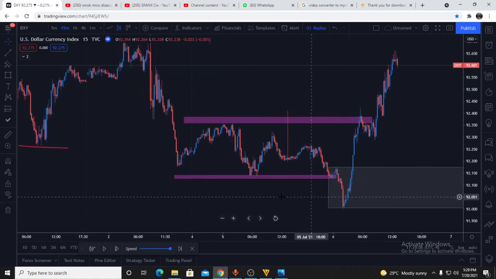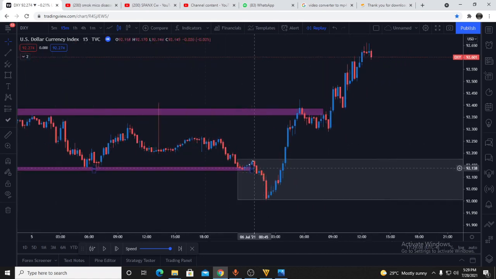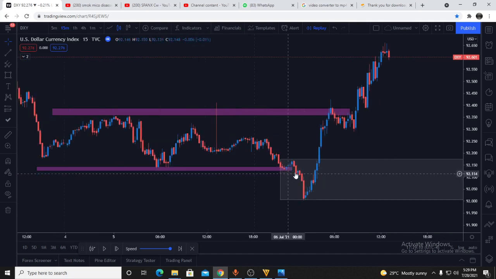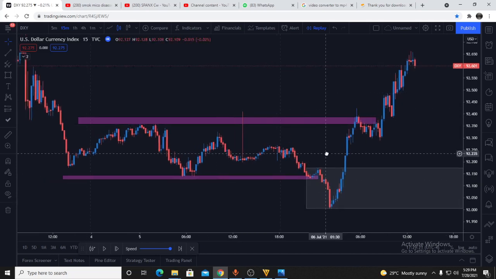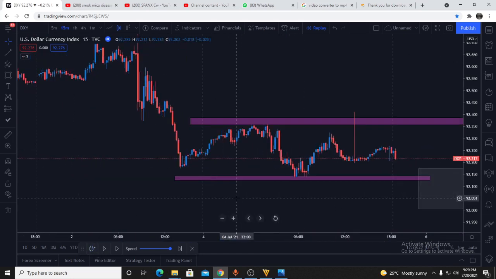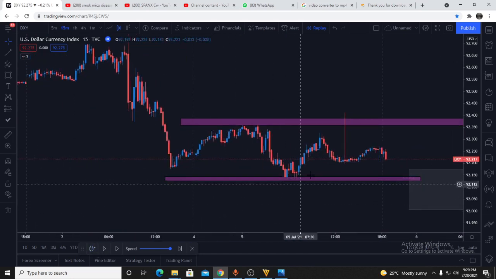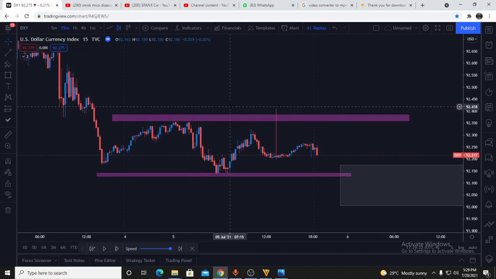So when the algorithm does this, then the people who buy the books in the banks and the central banks place their orders, and after they place their orders, then you see this. But look at what the algorithm does from an algorithmic perspective. It takes this liquidity. At this point, there are sell stops or stop losses below here, and then there are stop losses above here, right? We know this.